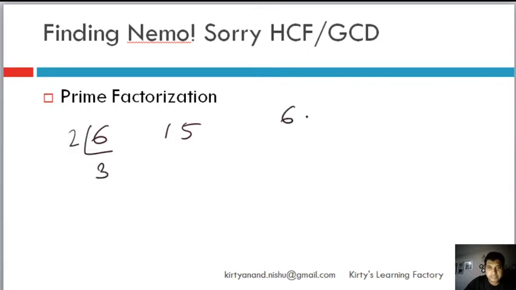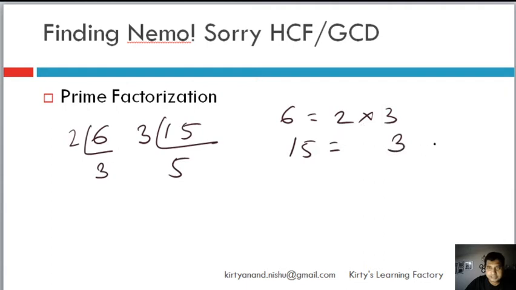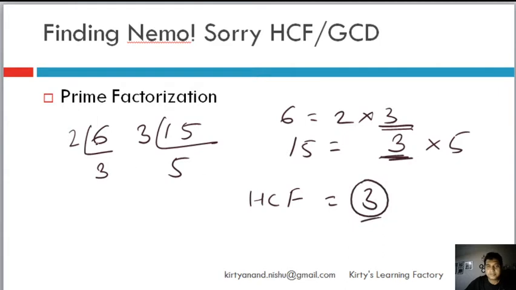So 6 we write as 2 into 3. 15 we write as 3 into 5, putting the prime numbers under each other so that it becomes easy. What is common? Just underline that, 3. So your HCF here is going to be 3.